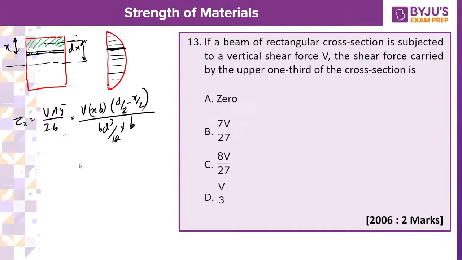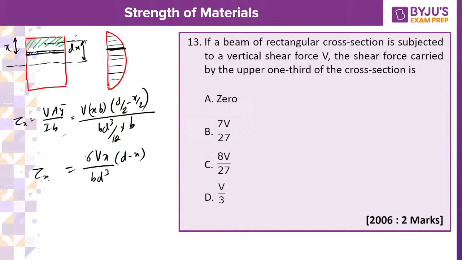If you simplify, the 12 will become 2, and taking half common it becomes 6. You get 6Vx, b and b will cancel, and (d minus x) divided by bd cubed will remain. This is the shear stress at this portion, the variation of shear stress in the direction of x.